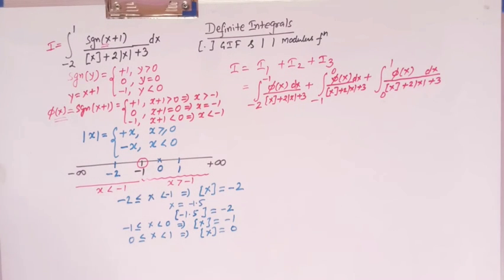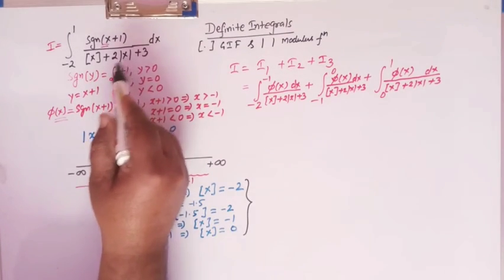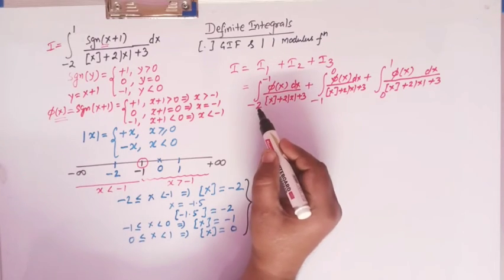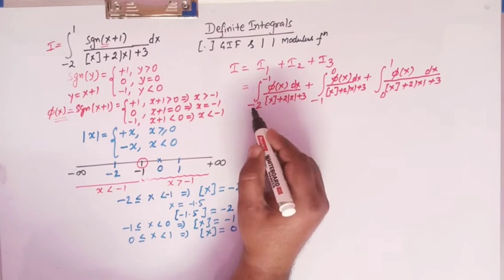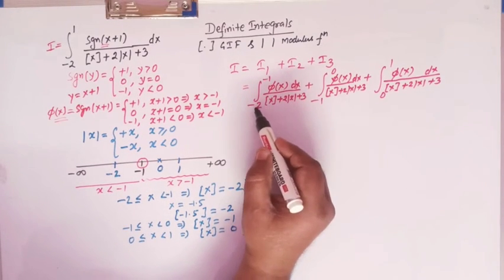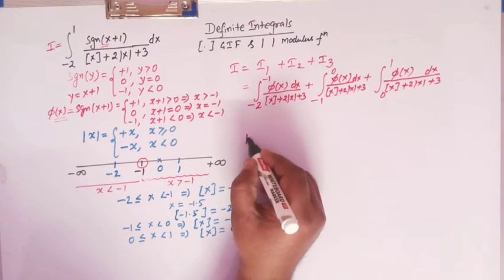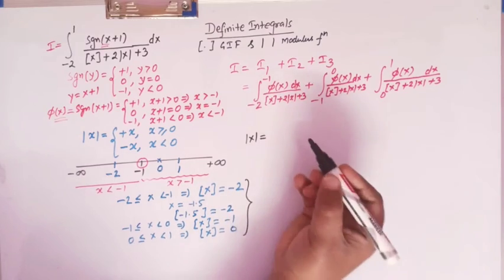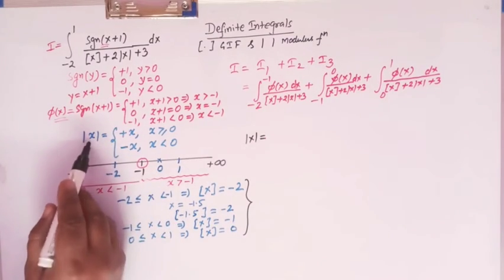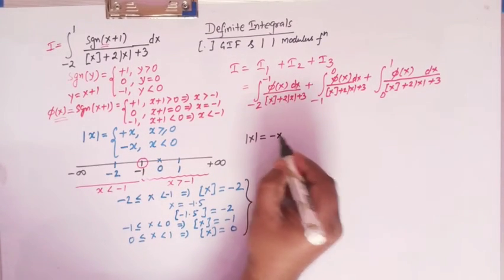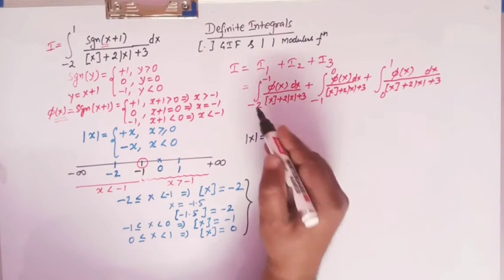Let us take the mod function, which is the absolute value function. Whenever x lies between -2 and -1, the value of mod x is equal to minus x.